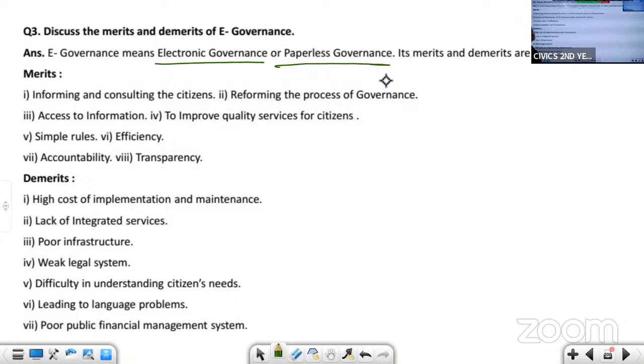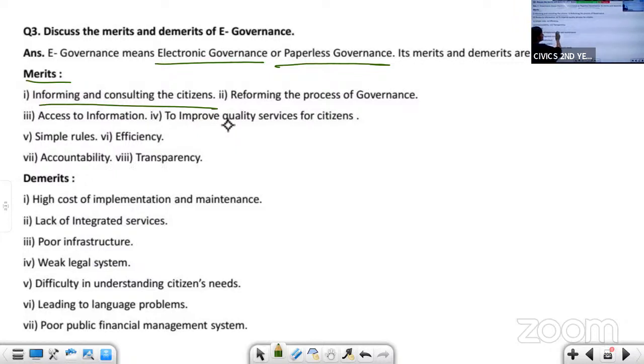So what are the merits and demerits of e-governance? First we'll discuss the merits. Informing and consulting the citizens through internet-based services. The information is given to the citizen.